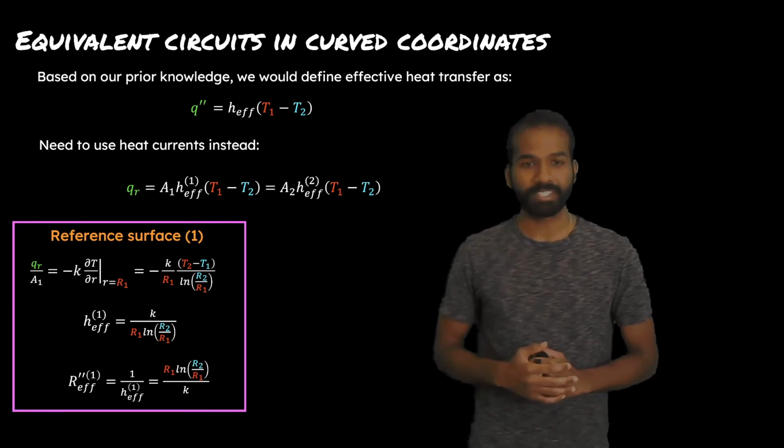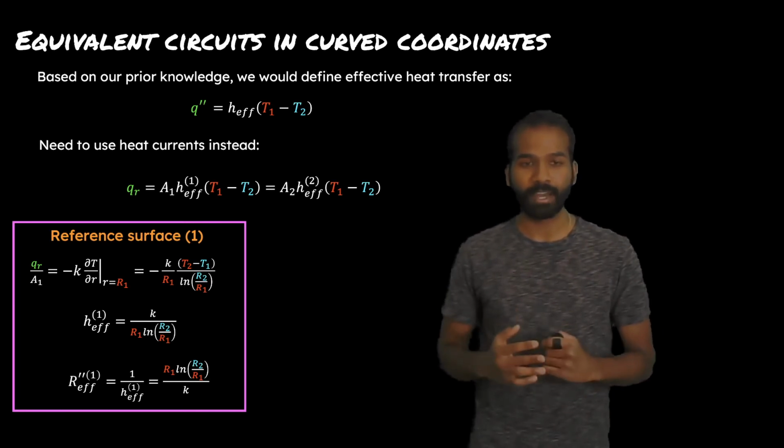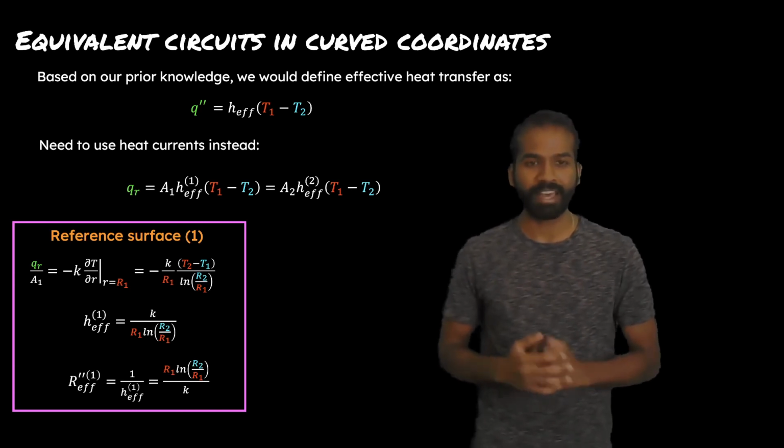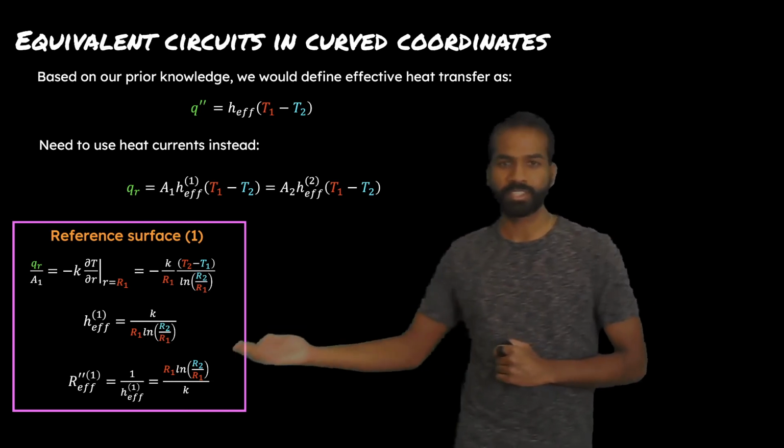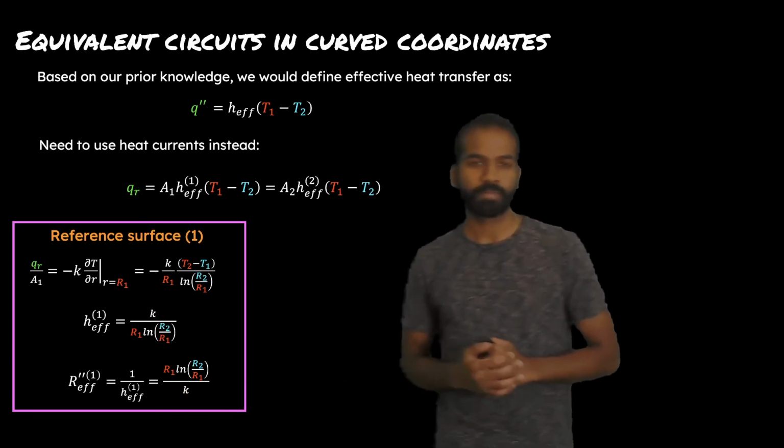We know that the resistivity, which we have to define now at this reference surface 1, is R double prime effective at reference surface 1 equals 1 over the effective heat transfer coefficient at reference surface 1, and that then equals this expression shown here at the bottom.